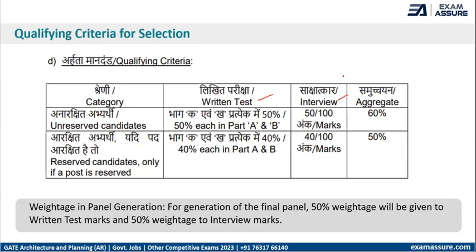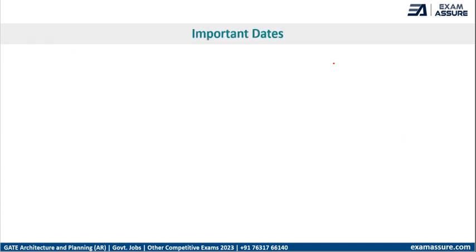In the last exam held in 2019, the selection criteria was only on the basis of the marks scored by the candidate in the interview. However, this time the selection will depend upon the marks obtained by the candidate in the written test as well as the interview.